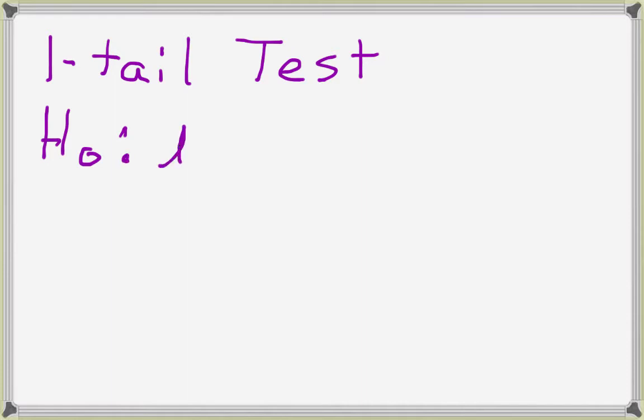You're going to have mu, because that's population mean, is equal to whatever the claim states. So that's our null hypothesis. The null is the claim that is being made about the population, and it's set in stone. It's going to be mu is equal to something. I should remind you this is for means.